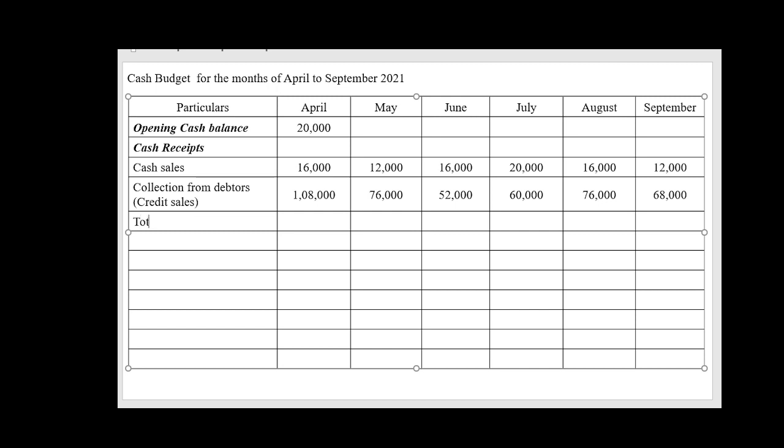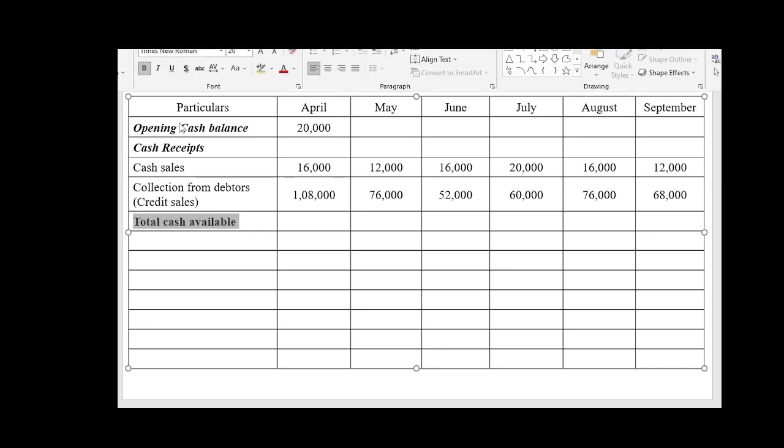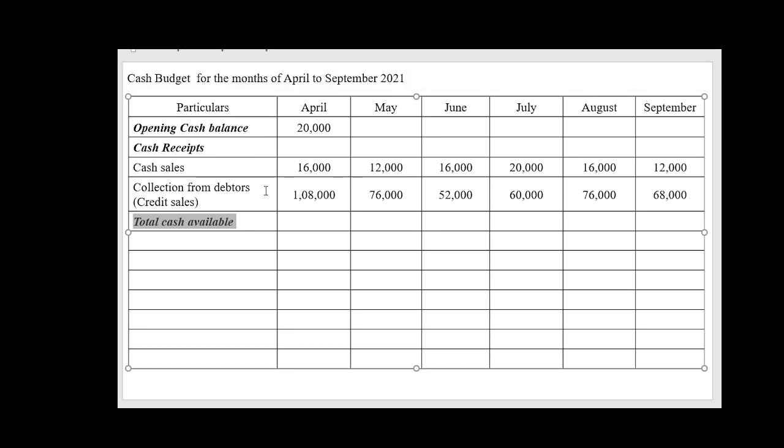So let us go ahead and find out what is the total cash that is available with the business. Okay, so total cash available with the business. How do you get this figure? Now you have to add opening cash balance and cash receipts.